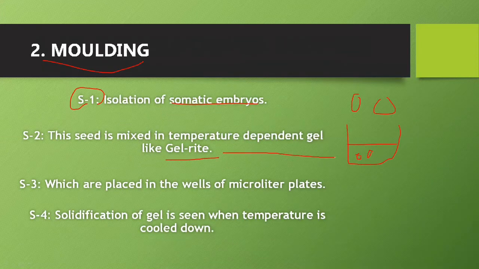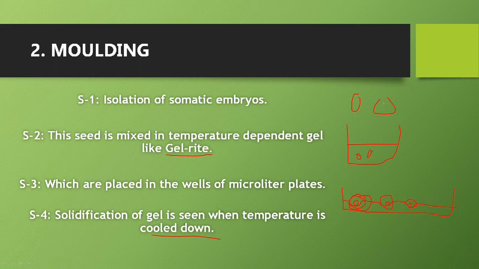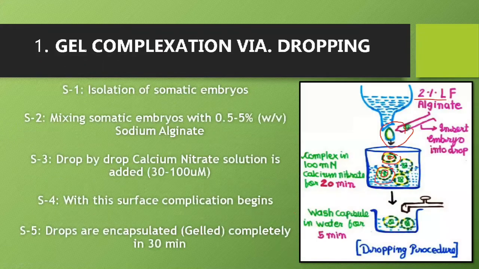So as in this process molding is done, on the molds we are taking somatic embryos, and then after adding gel-rite onto that mold, the process of encapsulation is called molding. In the first one, it was gel complexion via dropping, because we are dropping calcium nitrate.